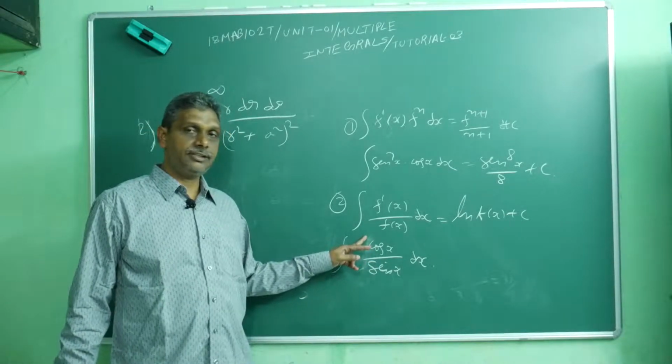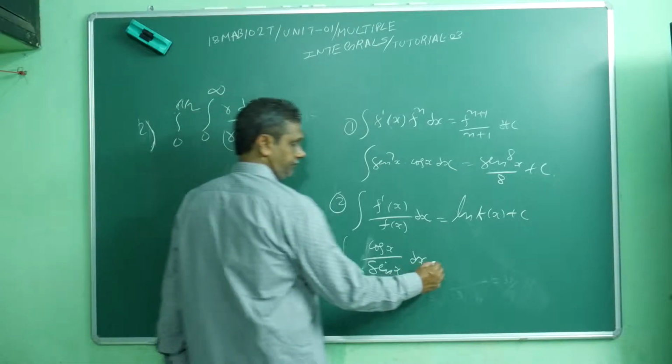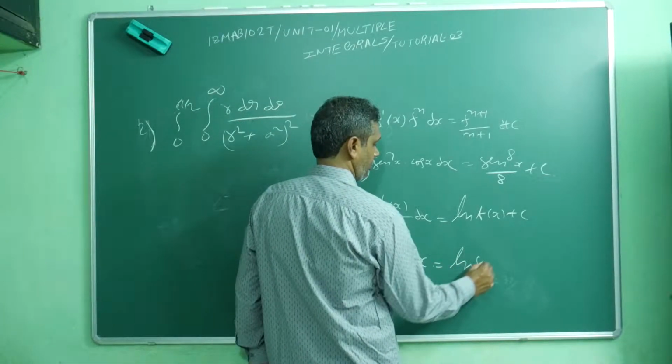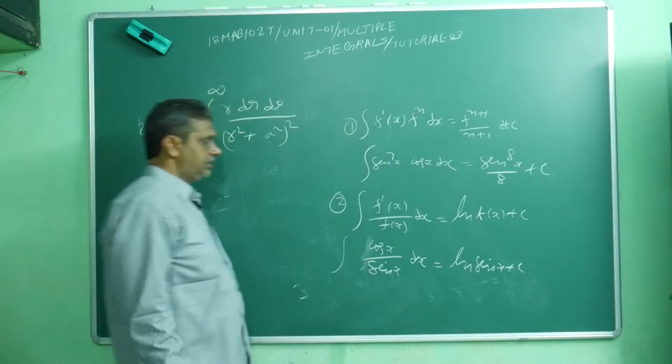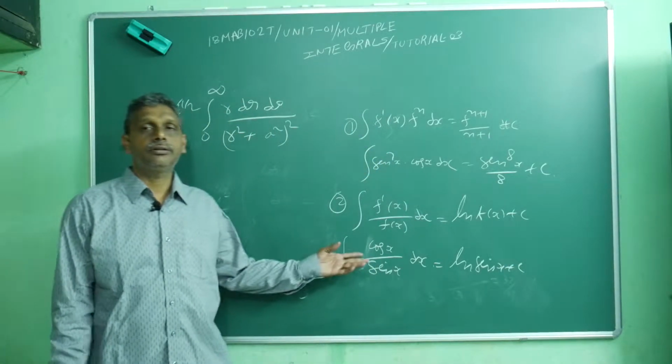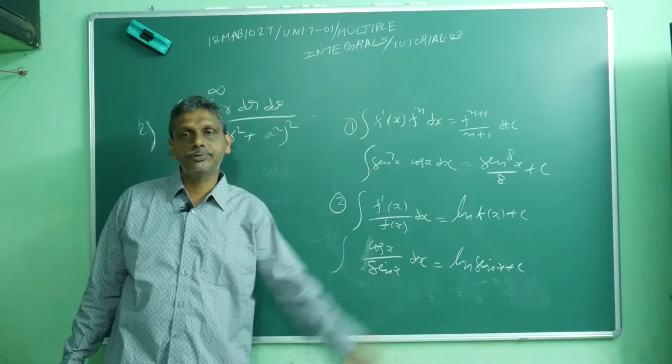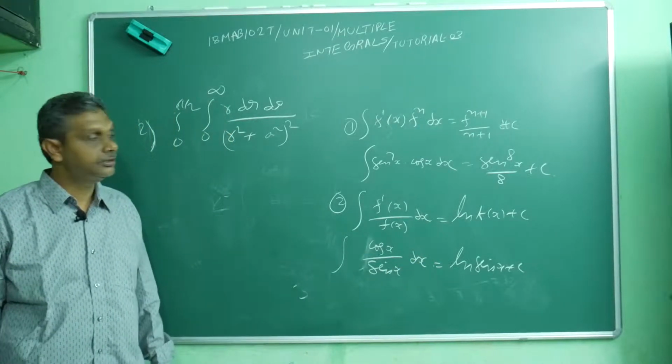So function and its derivative, you can write log sin x. But if you see cos by sin, what is cos by sin? Nothing but cot. The integration of cot x is log sin x. Proved. How nicely we got it, you see.